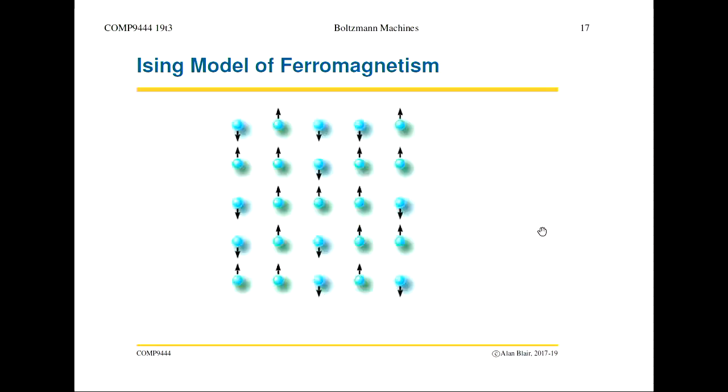Now, in order to explain the motivation of this, I have to tell you a little bit about its roots in physics and what's called the Ising model of ferromagnetism. If you take an iron bar, you can magnetize it and turn it into a magnet, right? So you can have an iron bar that isn't a magnet and one that is.